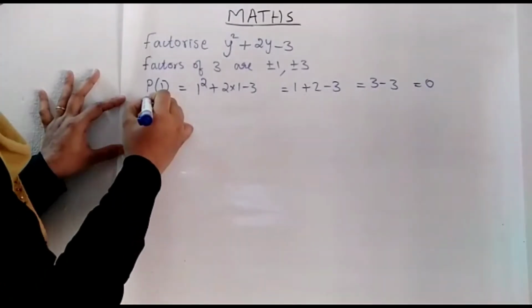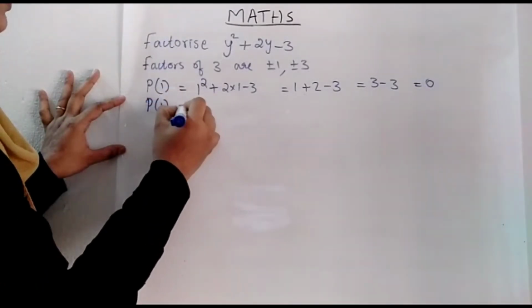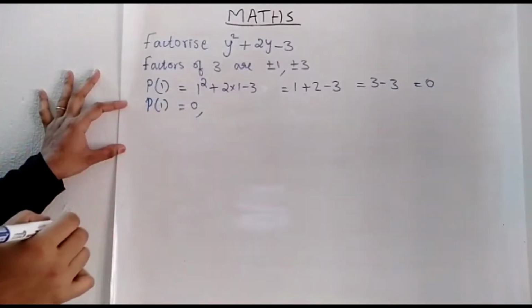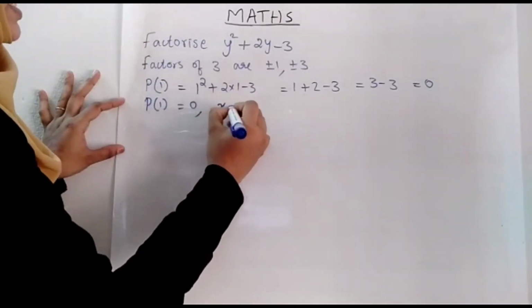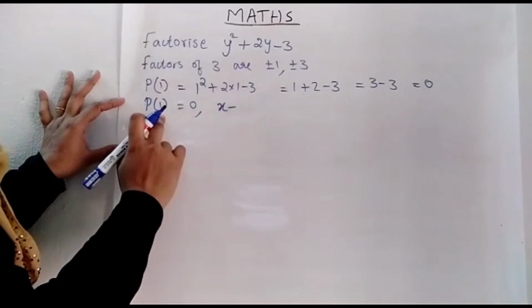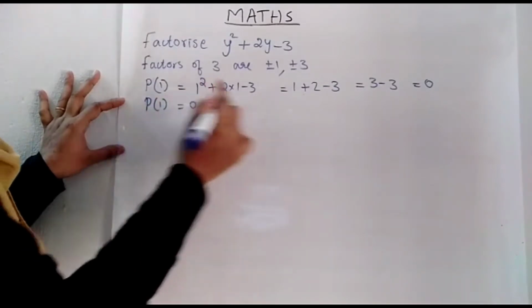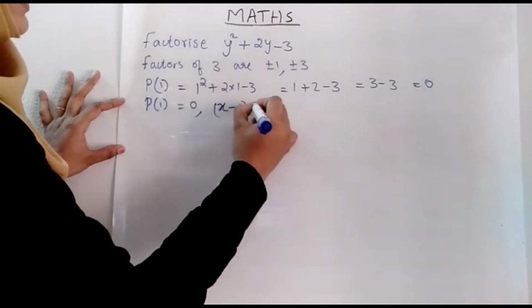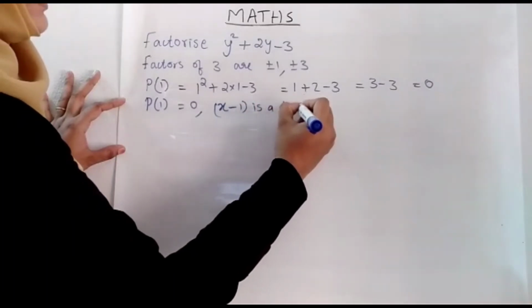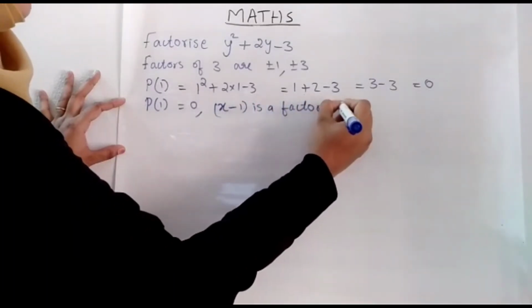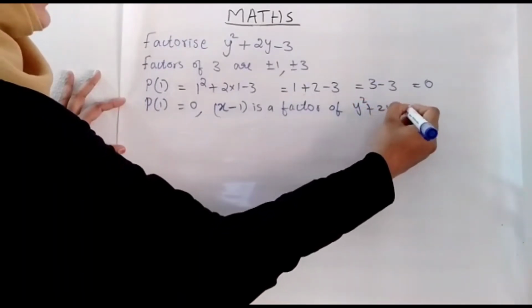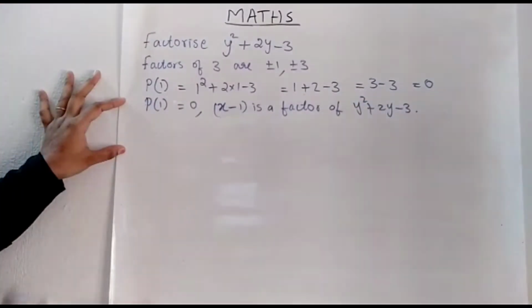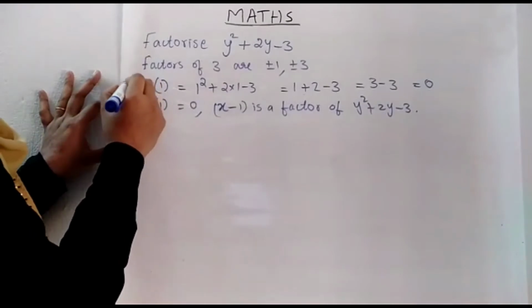Clear? So P of 1 is equal to 0, which implies what? If P of 1 is equal to 0, then y minus 1 is a factor of y square plus 2y minus 3. Clear?